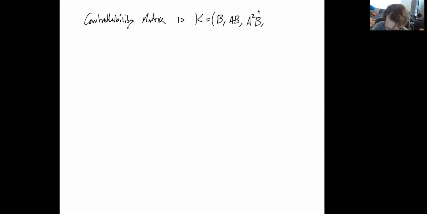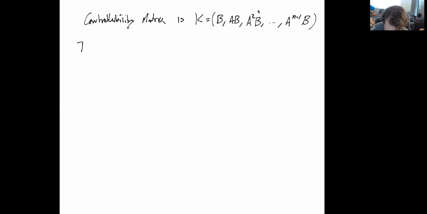So what we can do with this controllability matrix, which I'll just rewrite here, the controllability matrix is K equals B AB, and so on. All right, just wrote that really fast.